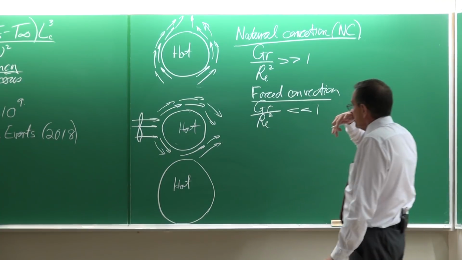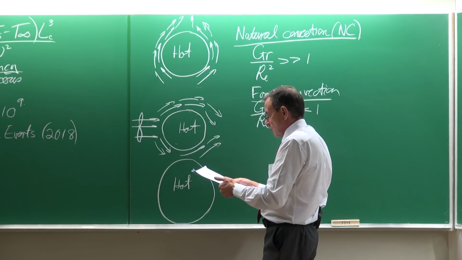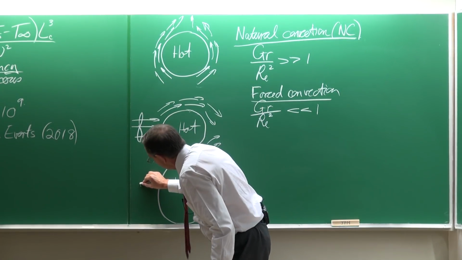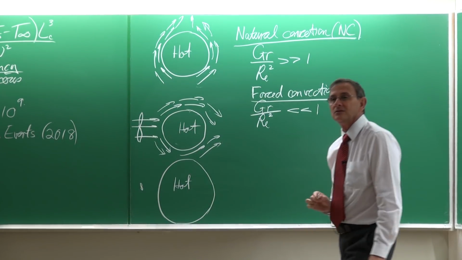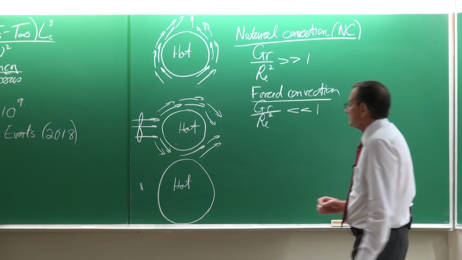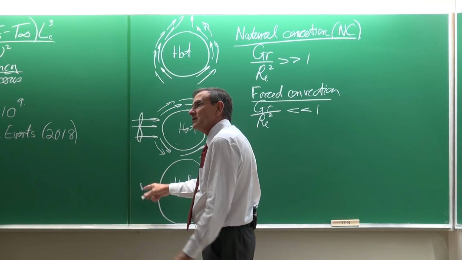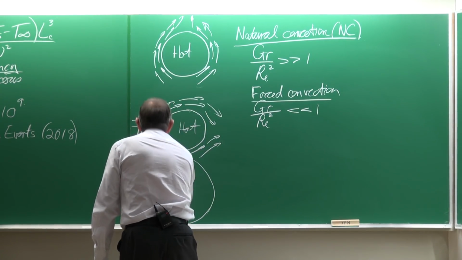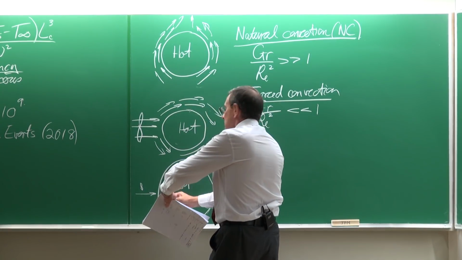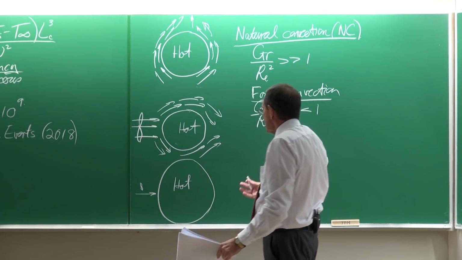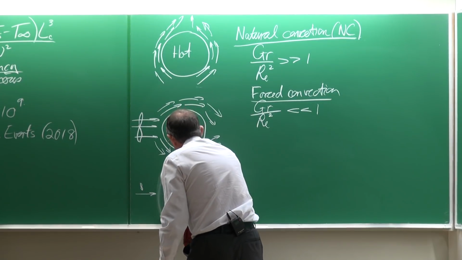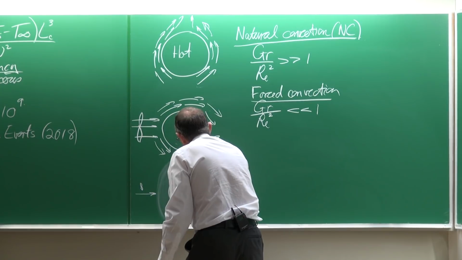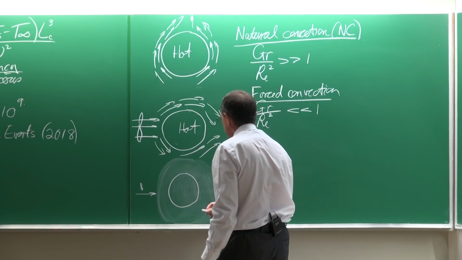Now, the next possible scenario is one in between. Here we've got a fan, but now a very small fan. There's a fan, so it is sort of forced. What's going to happen now? The natural convection is going to have an influence on this problem. Let me make this a little bit smaller so that I can have some more space. So there it is.